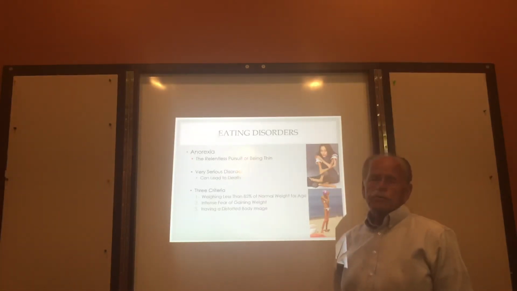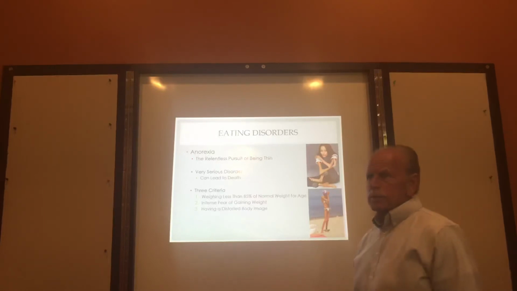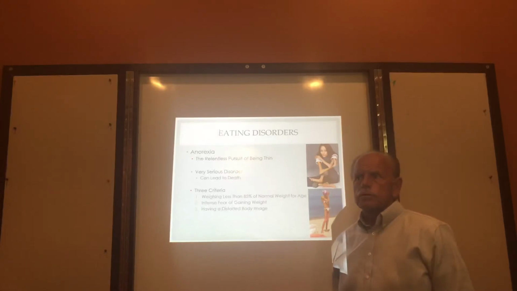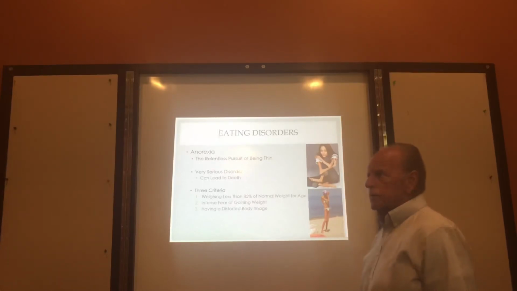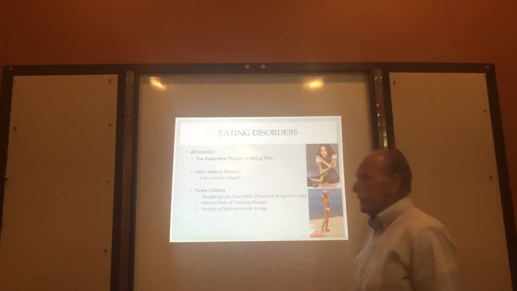The problem there is, well, what is normal? This can change. But an example would be if you would expect a young girl, high school, to have an average weight of 100 pounds, just to keep it simple, then one of the criteria would be that they weigh 84 pounds or less, and that would put them below this 85% threshold.